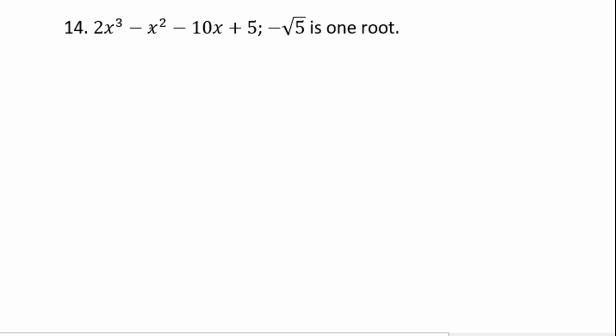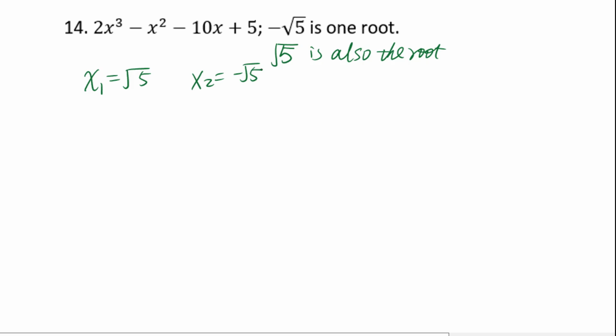2x third power minus x squared minus 10x plus 5. Negative square root of 5 is one root. According to the conjugate root theorem, we know positive square root of 5 is also a root. So we get x1 equals square root of 5, x2 equals negative square root of 5. Adding, you will get 0.